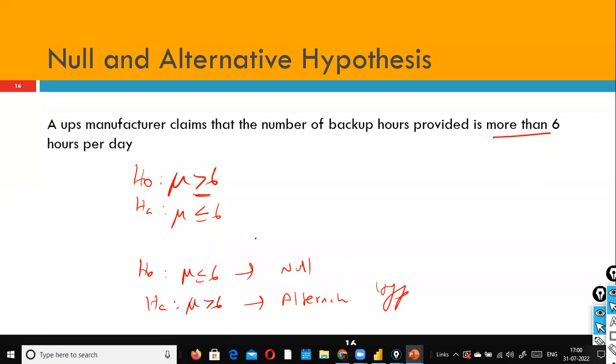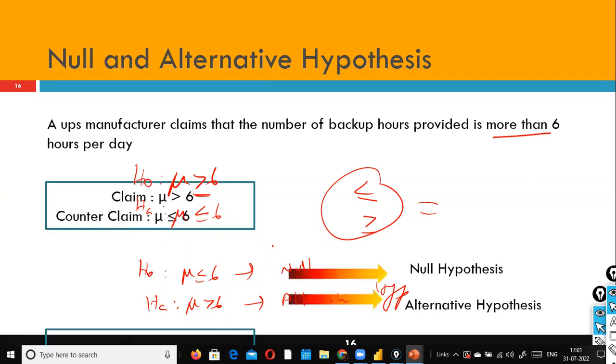So to overcome this, what in practice we do is, less than or equal to or greater than or equal to, we replace them by an equal sign in the null hypothesis. Okay, simply you put equals to 6. Which means it could be either less than or greater than. It is not equal to, right? So something like that. We are going to test it out in the alternate hypothesis.